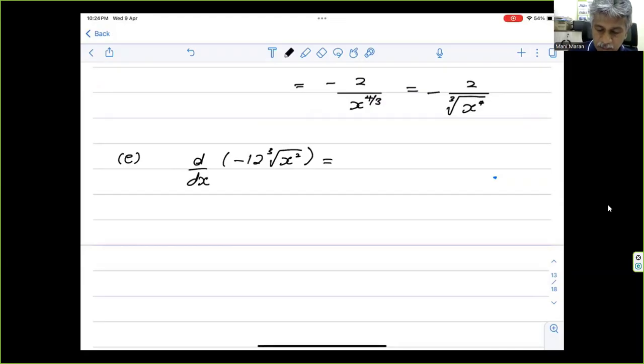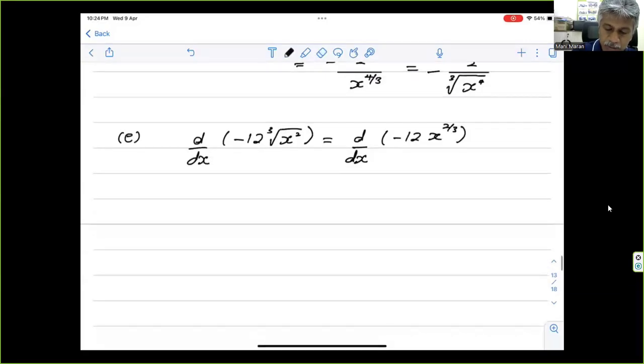The first step is to remove the root sign and write it as a fractional power. This becomes negative 12 x to the power negative 2 over 3.